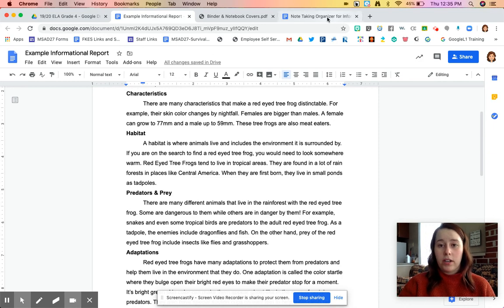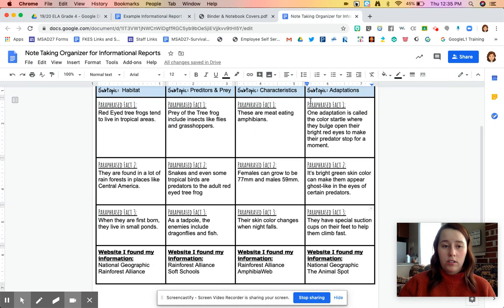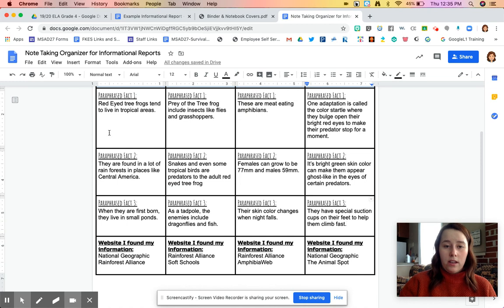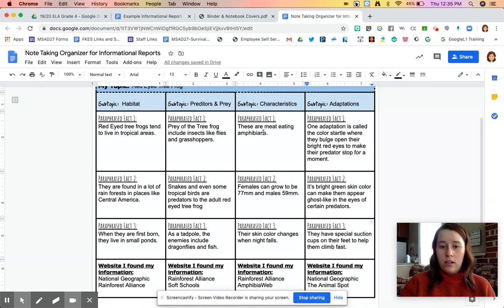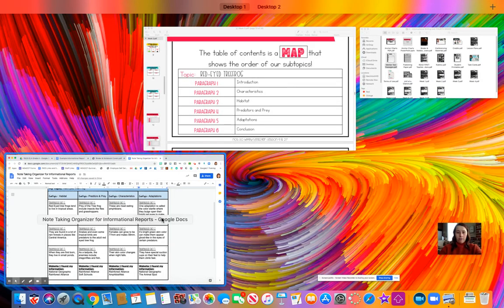So when we look at my note-taking organizer, you'll see here that under characteristics, I didn't go in this order of my facts. I kind of mixed it up a little bit, but their skin color changes when night falls. Females can grow, and these are meat-eating amphibians. So I added a couple sentences in there to make it flow and become a paragraph.